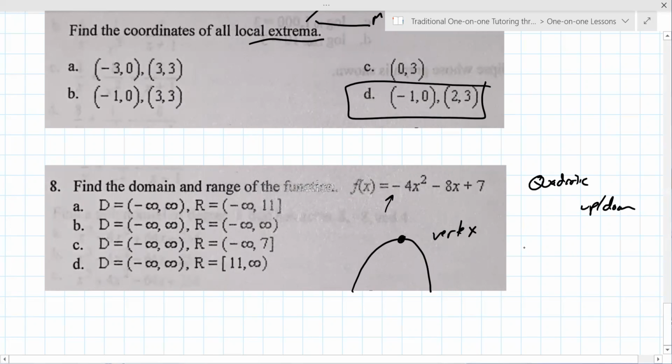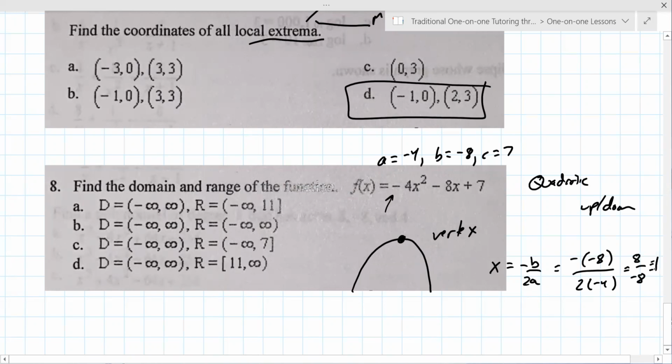The vertex you can get from formulas. The vertex is x equals minus b over 2a. A is -4, B is -8, and C is 7. So that's minus -8 over 2 times -4, which is 8 over -8, which is -1.